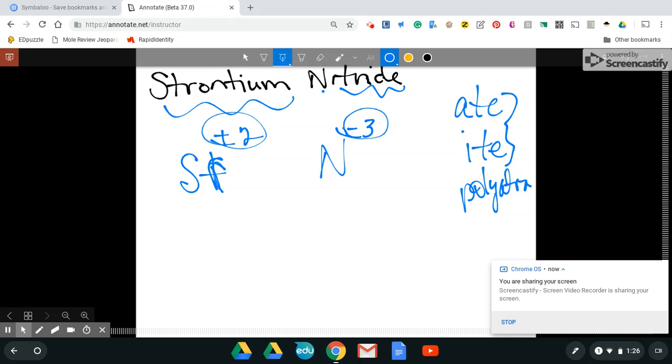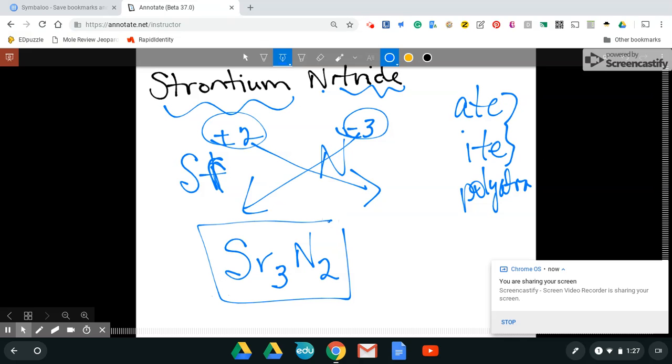Nitrogen is your 1, 2, 3, 4, 5th column. So that means it has 5 electrons in its outer shell. It wants to pull on 3, and that's what makes it a -3. So this goes down here, this goes up here. So it would be Sr3N2. That is the formula.